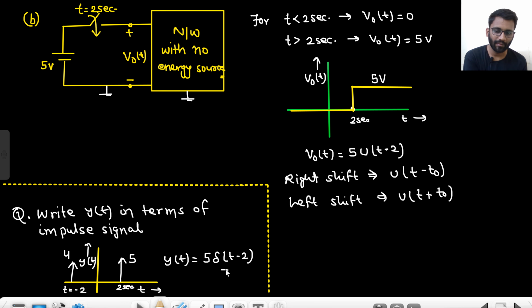So tell me, it will be plus 4 delta(t plus 2), because there are two signals. Delta(t) is always at t equals 0, but if there is a right shift, I would write 5 delta(t minus 2). If there is a left shift at this side, I would write delta(t plus 2).